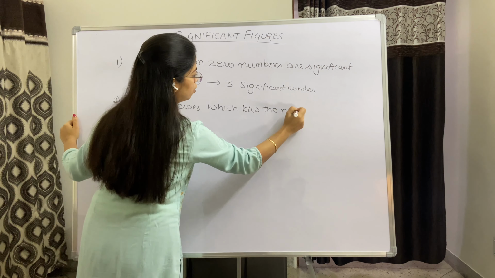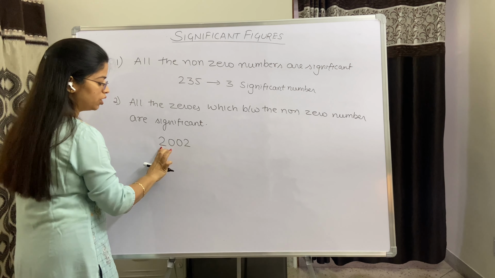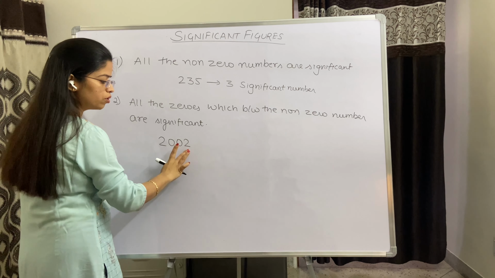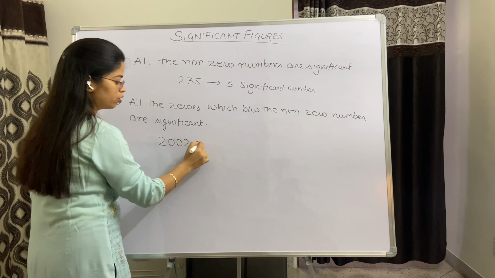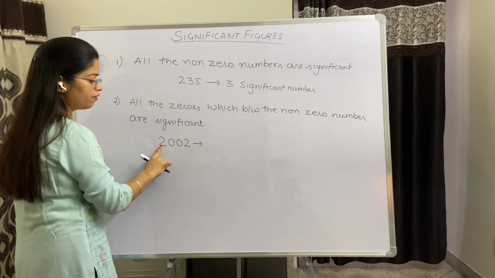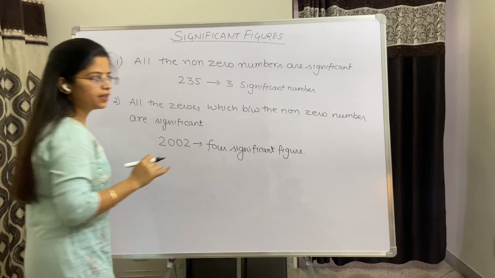For example, if you have 2, 0, 0, 2, these are the non-zero numbers and these are the zeros. But as they come between the non-zero numbers, we will count them as well. So in this case, we will be having 1, 2, 3, 4, four significant figures. I think this is clear.